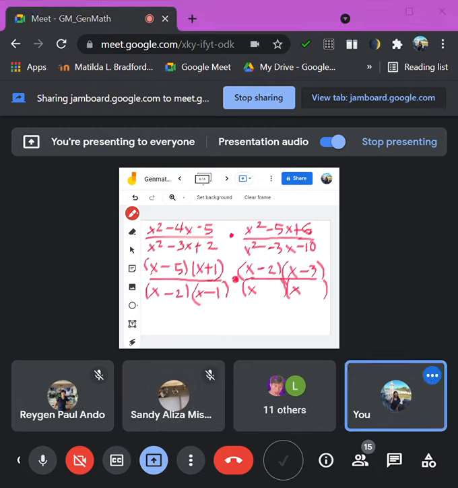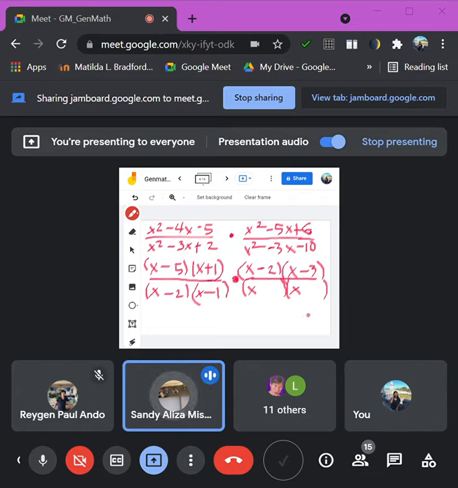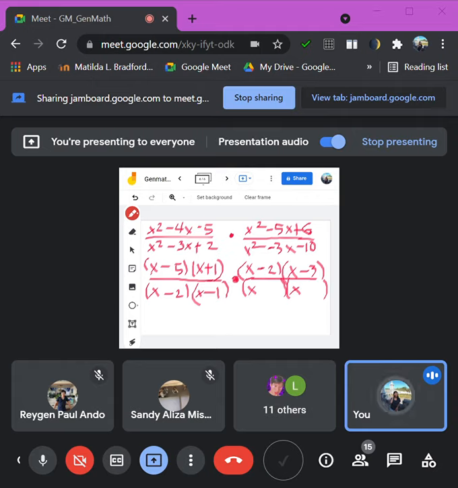So we look for factors of 10 that when added give negative 3 and when multiplied give negative 10. The factors of negative 10 are negative 2 and 5. Negative 2 times 5 is negative 10. Or it can also be negative 5 and 2.